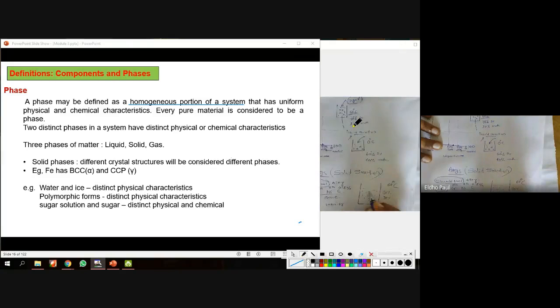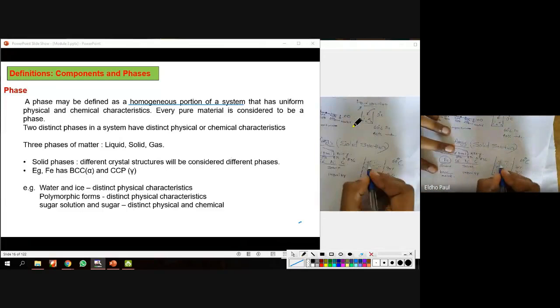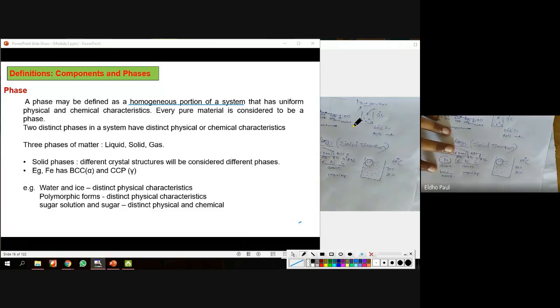That is where we can say this is a completely liquid solution. So when we check this liquid solution, I'm taking a small portion here, a small portion here in this liquid solution, and another small portion in this liquid solution.